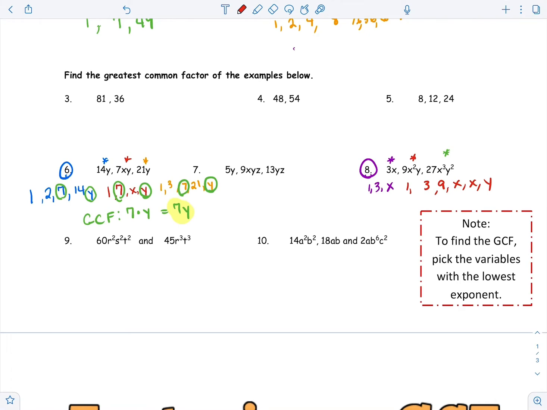And then we have y. For the green 27, that's 1, 27, right? 3 times 9. And that's it for 27. Oh, and then x cubed is x times x times x. So x, x, and x are the factors there. And y squared is y and y.